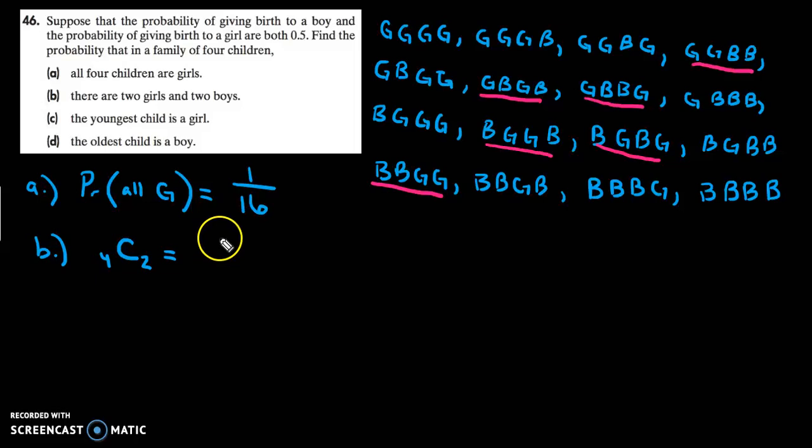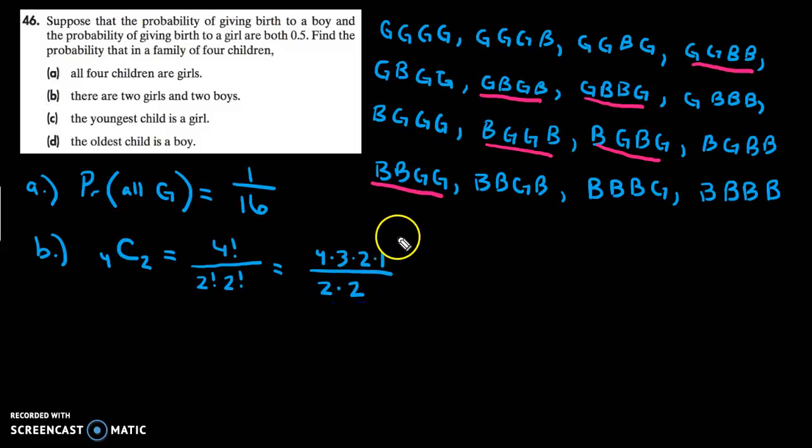And remember from our formulas, it's 4 factorial over the smaller number factorial, and then 4 minus 2 factorial, which is also 2 factorial. So 4 factorial is 4 times 3 times 2 times 1. Both of these on the bottom are 2 times 1. You can be a little lazy about writing times 1 if you want to, because times 1 doesn't do anything. So this cancels, and I have 12 over 2, or 6.